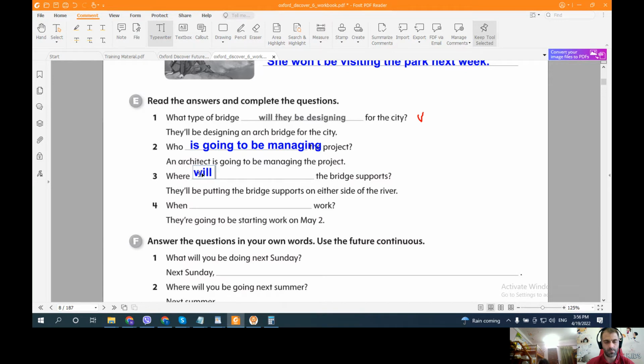Where will they be putting the bridge support? Okay. And number 4? When are they going to be starting work?